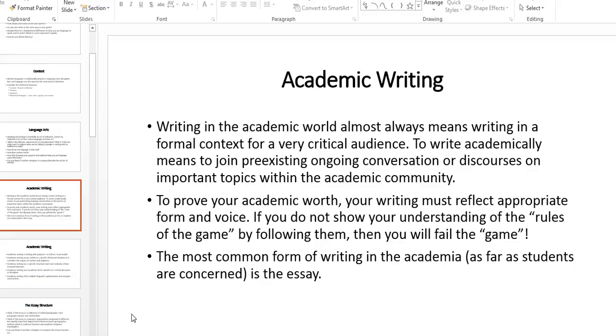But in some cases, in your studies, your critical audience may also be your peers or your colleagues, or if you're ever in graduate school, your critical audience would be the specific academic community of scholars, practicing scholars or student scholars or whatever you want to call them. And they are critical because they have very specific demands and expectations in terms of the topic, and other things as well.